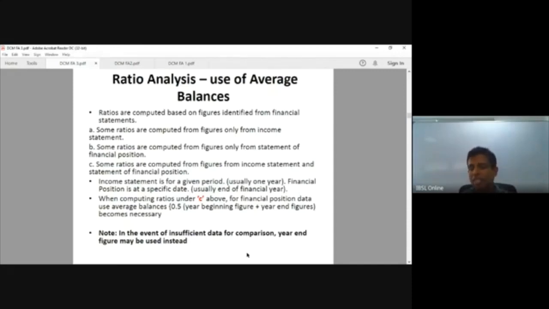Therefore, likewise, like taking a photo, a snapshot, the balance sheet also provides figures as at a particular date. Therefore, before that date and after that date, your balance sheet figures can be different. Right? That is the point. Number 1. When computing the ratio under C above for financial position data, use average balances.